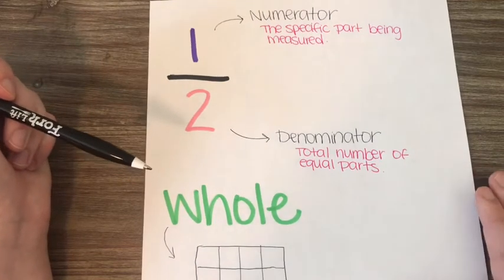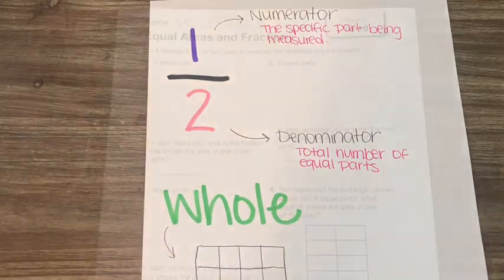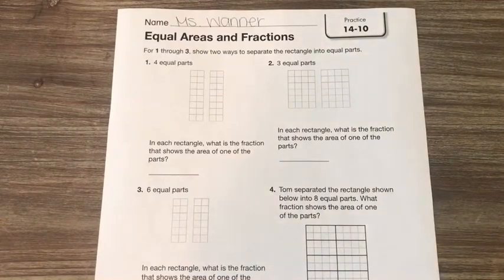All right, let's use this information in our workbook page. Together we're going to be working on numbers 1, 3, and 5. I'm going to model how to do number 1, and then for 3 and 5, we're going to be working on those together. Before I get started, I know that my first step is to read the directions. The directions say, for 1 through 3, show 2 ways to separate the rectangle into equal parts.